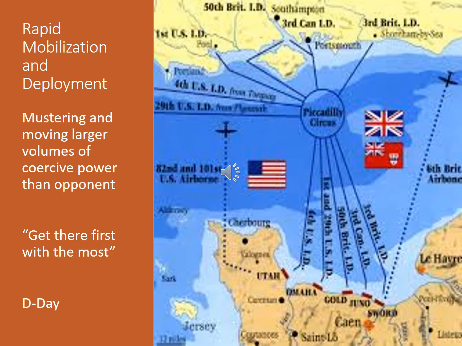And so on D-Day, you have the Allied forces sort of muster in the middle of the English Channel at a point called Piccadilly Circus, and then sort of fan out and attack the Normandy coast, an area that the Germans couldn't reinforce quickly enough to repulse that particular amphibious landing.